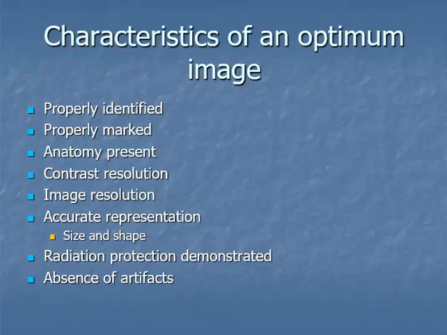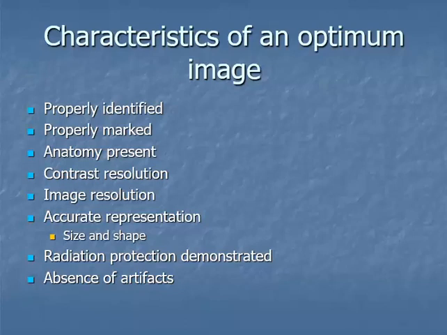So what we're going to be looking for in an optimum image is to make sure that the image is identified properly, that it is properly marked, that the anatomy that we want to see is present and optimized, that our contrast is good, that our contrast resolution, our density is good, our image resolution, that is your sharpness or recorded detail, is good, size and shape are accurately reflected, the anatomy is accurately reflected in size and shape on the image.